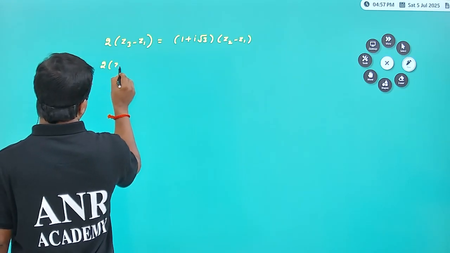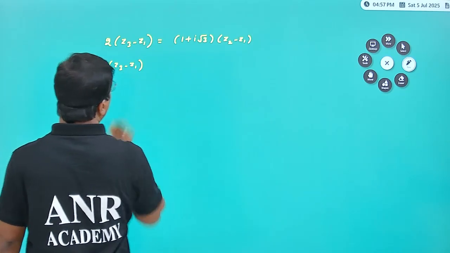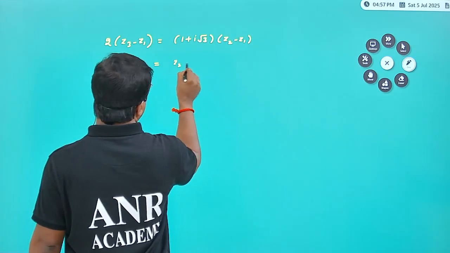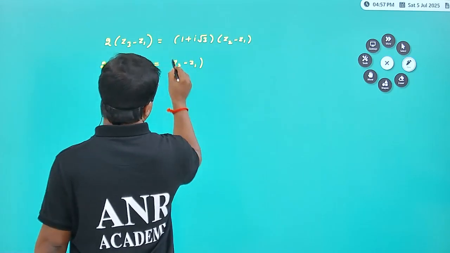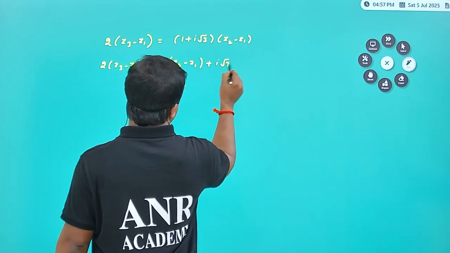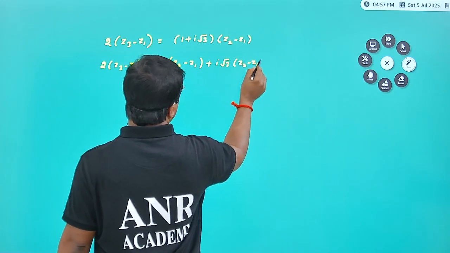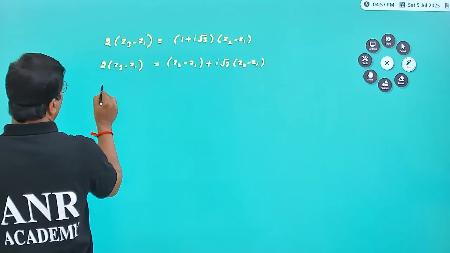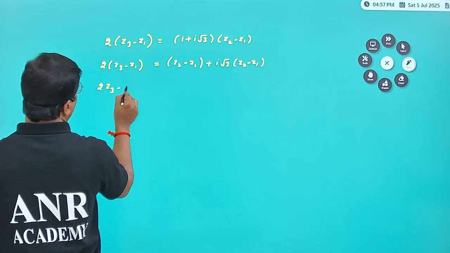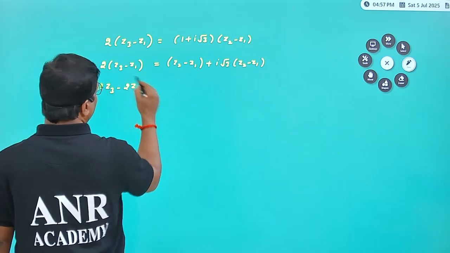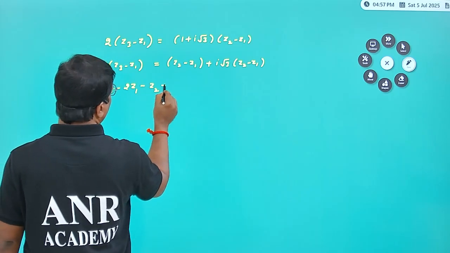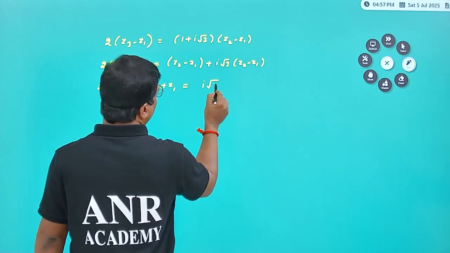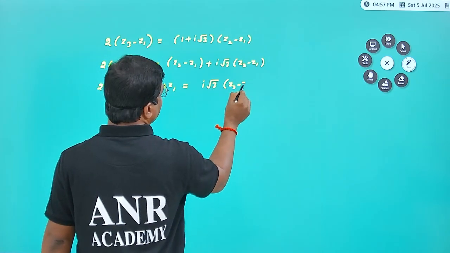this is 2 times of Z3 minus Z1 and it is Z2 minus Z1 plus I root 3 multiplied by Z2 minus Z1. Transfer the first term into left part, 2 times of Z3 minus 2 times of Z1, next this one minus Z2 plus Z1 gives the result iota root 3 Z2 minus Z1.